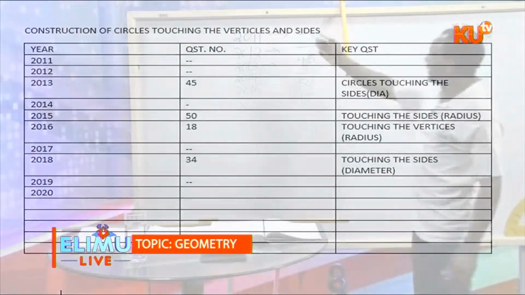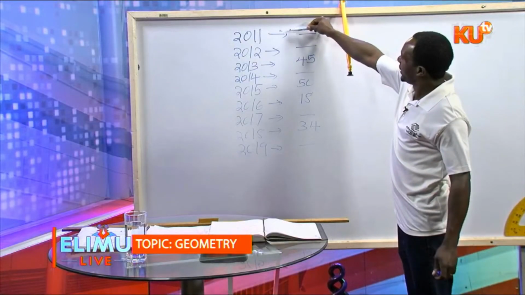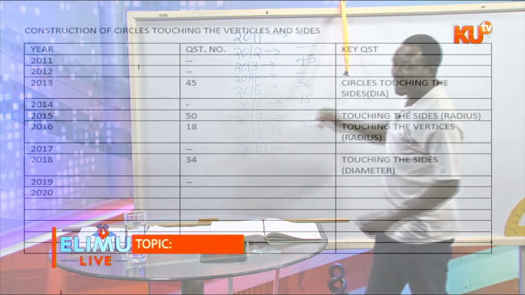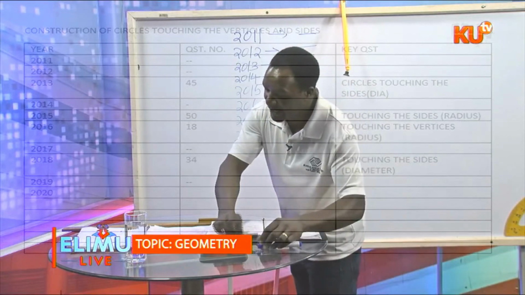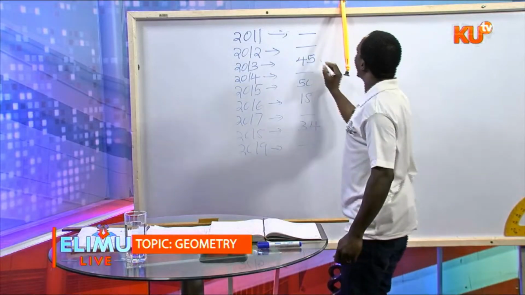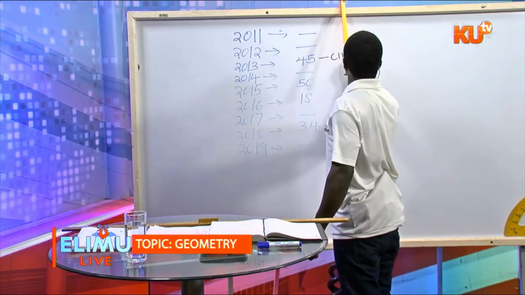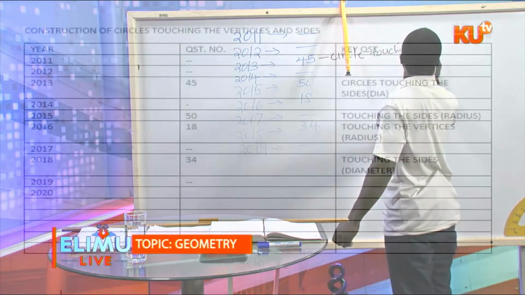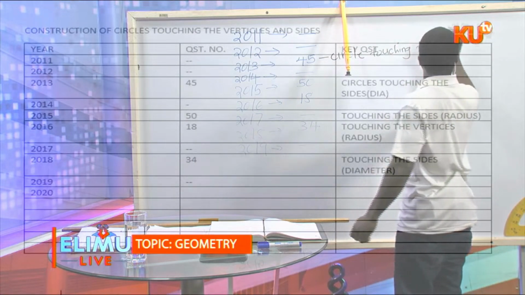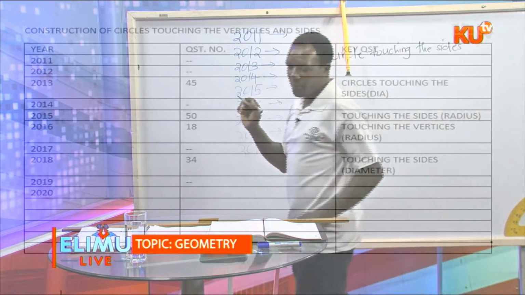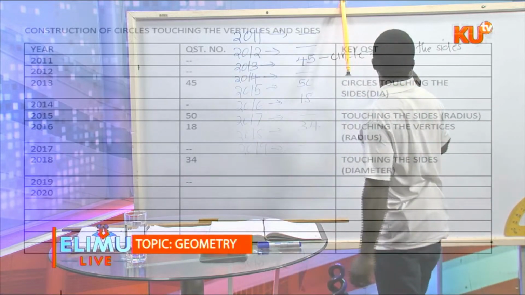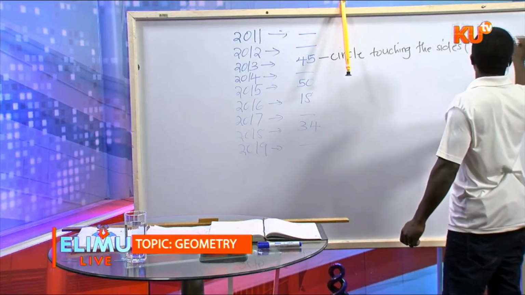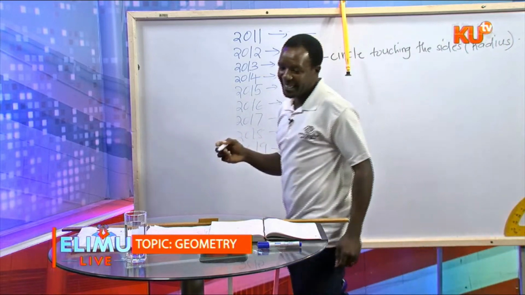If you look at this thread, in 2011, no question. 2012, no question. 2013, there was question number 45. And this question, it was a circle touching the sides of a triangle, and you were supposed to measure the radius.